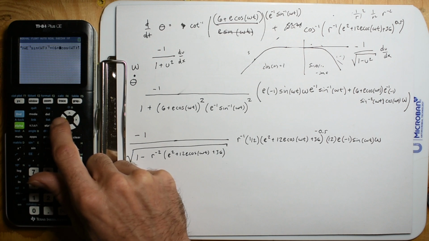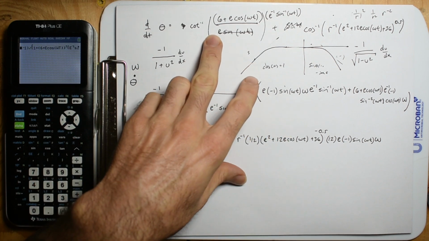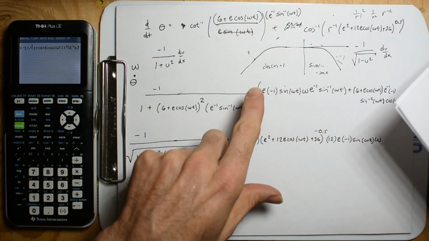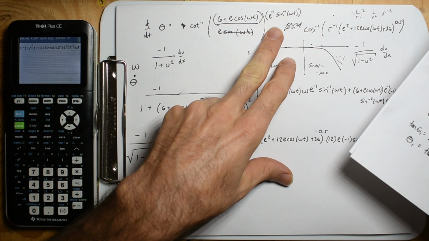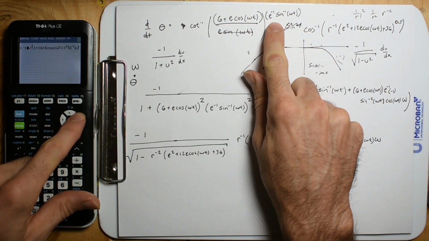Hopefully we can kind of figure out what's going on, because we should be good. I mean, we're taking the inverse cotangent. I think we're good there. Yeah, and we flip this. So, yep. That looks a little funky, but whatever.